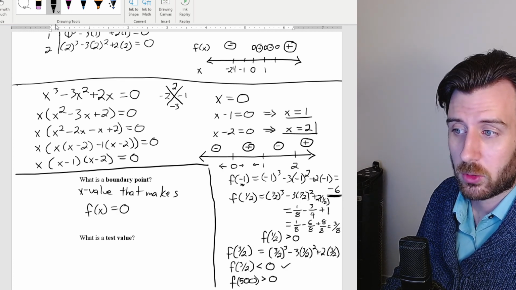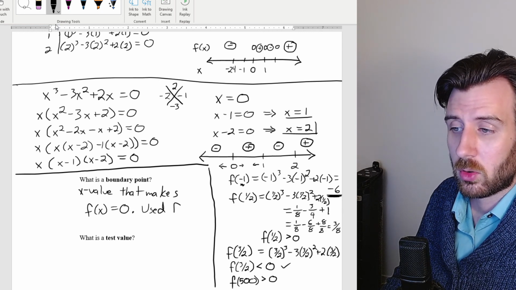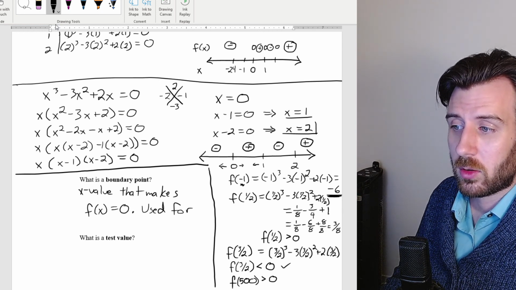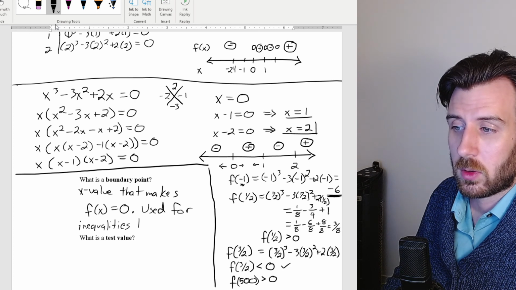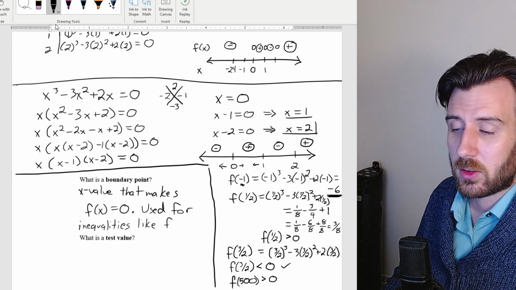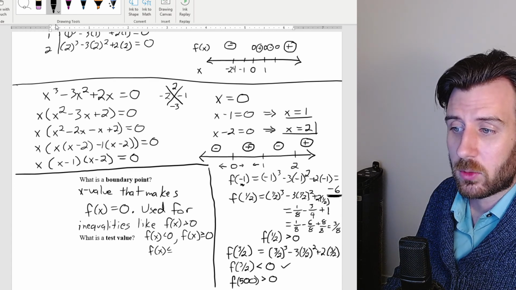So it makes f of x equal to 0, and it's used for inequalities like f of x is greater than 0, f of x is less than 0, or we could have also done it for f of x is greater than or equal to 0, and f of x is less than or equal to 0.